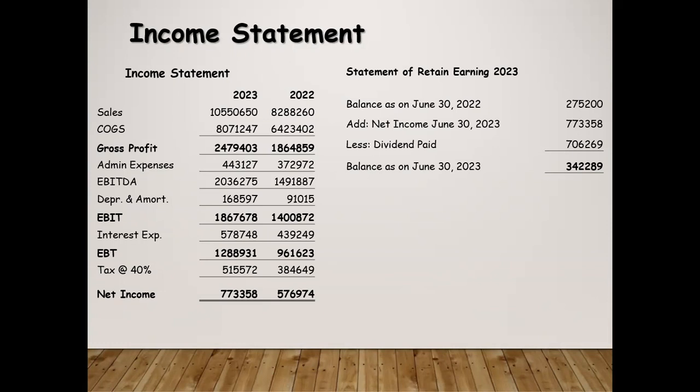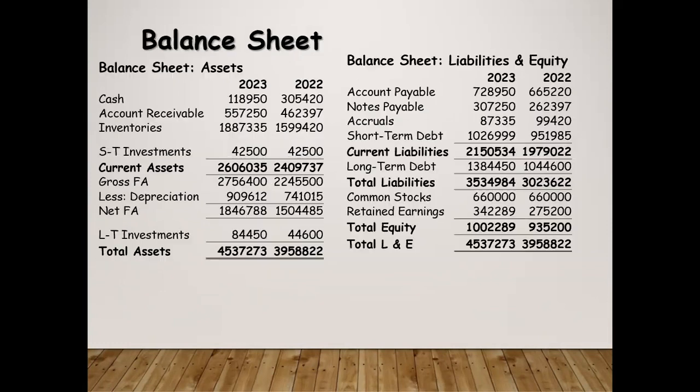We will have the balance as on 30th June 2023, 342,289. You can verify it from here. Here you can see the opening balance, the closing balance for 2022 and the closing balance for 2023.